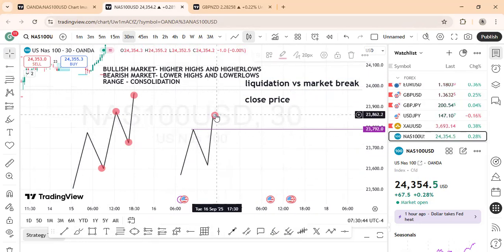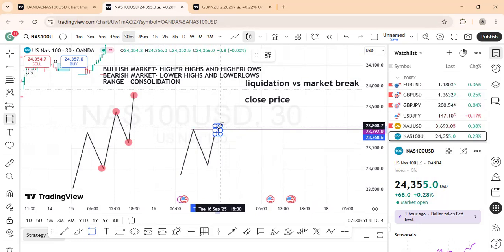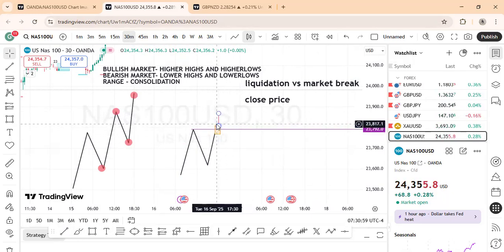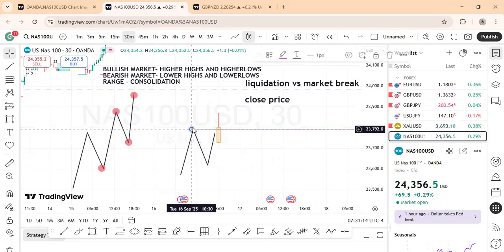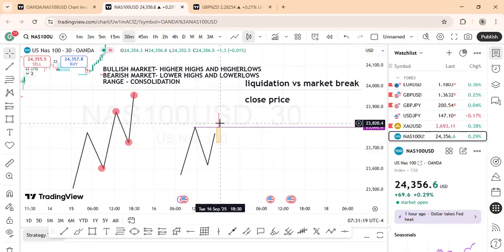Now, the issue you guys have is that you consider wicks as breaks. For instance, let's say we had a market like this, and then we saw a wick. The market gives a wick above it, but does not close. This is not a higher high. Note that, please. Very important. The market makes a wick and does not close above the high, so it is not a higher high.